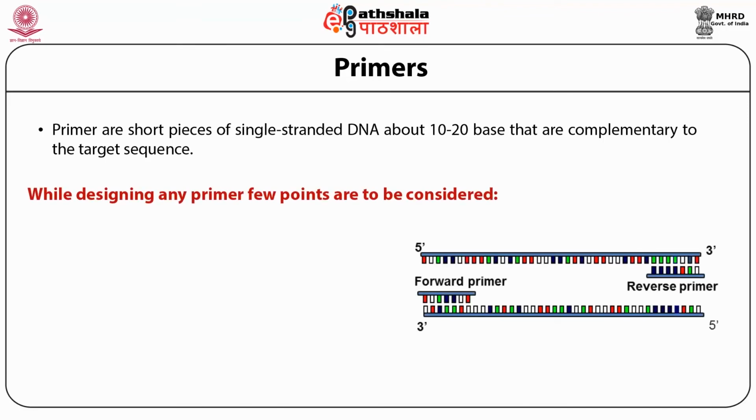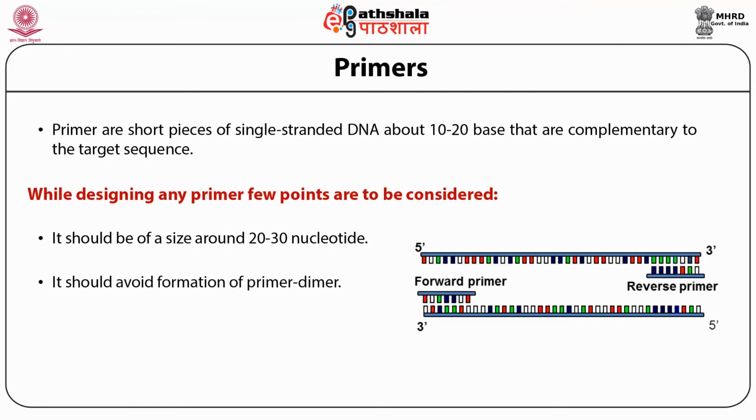While designing any primer, a few points are to be considered. It should be of a size around 20 to 30 nucleotides. It should avoid formation of primer dimer. The GC content of the primer should be between 40 to 60%.